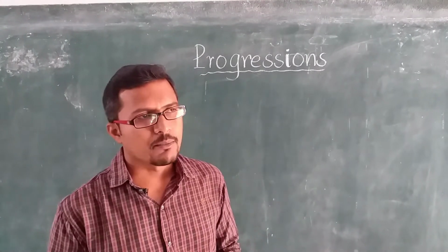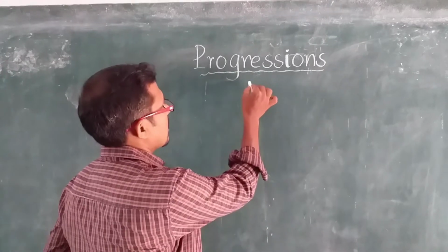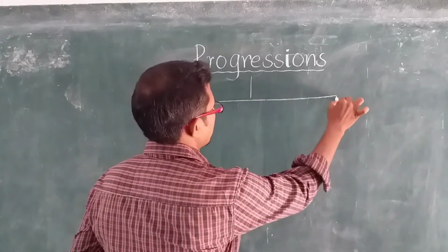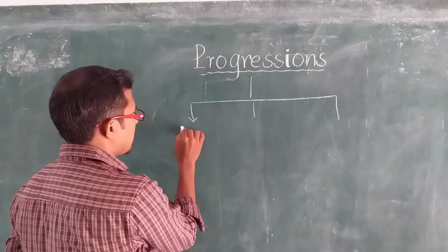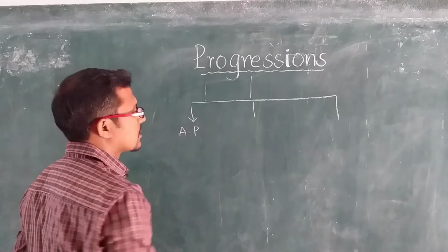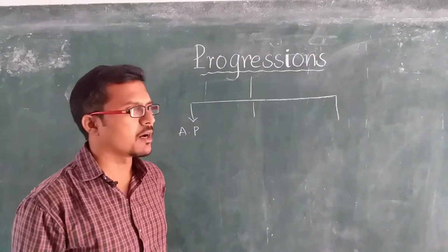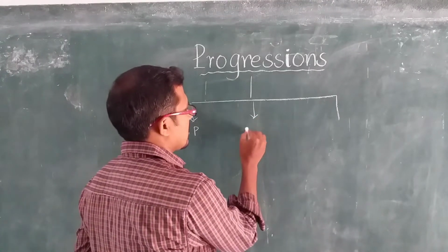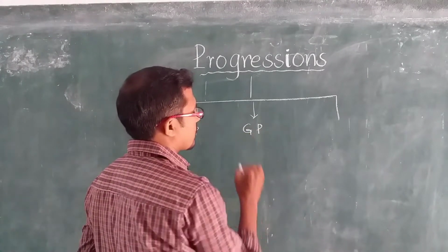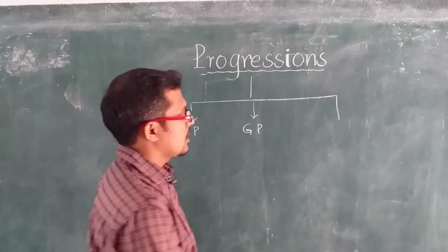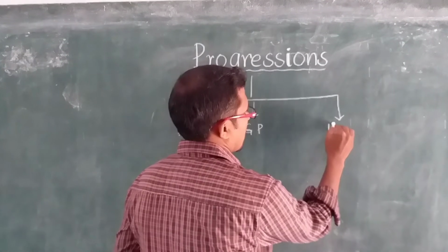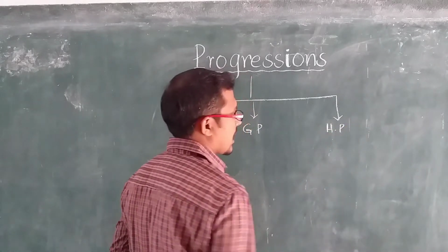Okay. So broadly the progressions are divided into 3 parts. One is arithmetic progression, which we briefly call AP. The second one is geometric progression, shortly called GP, and harmonic progression, that is HP.